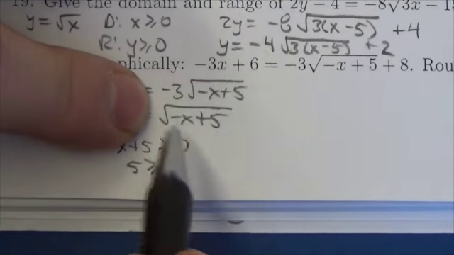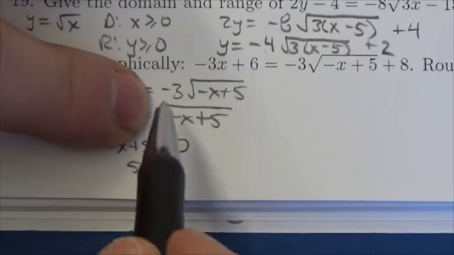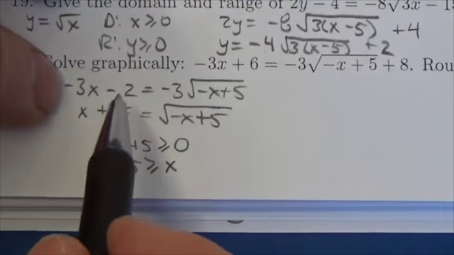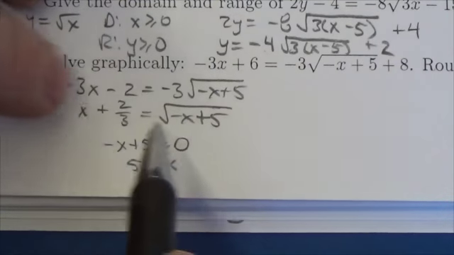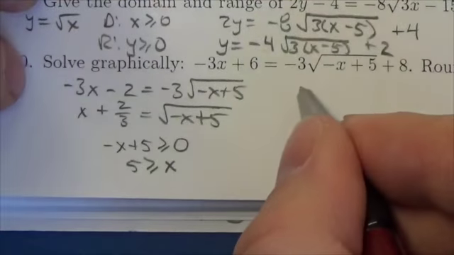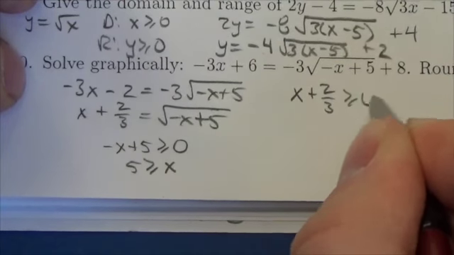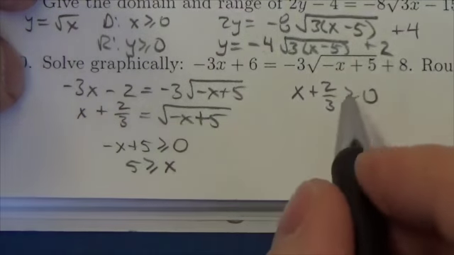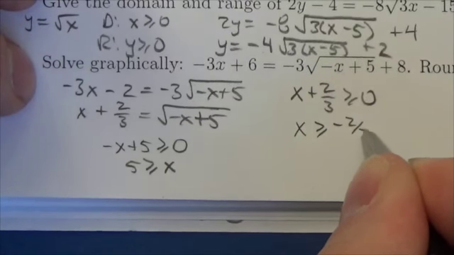So granted, I can only take the square root of a positive or a 0, but the result is always going to be positive or 0 as well, meaning that if the right-hand side has got to be either 0 or positive, so does the left. So the restriction here is also that x plus 2/3 must be greater than or equal to 0. So bring that over and I will get that x must be greater than or equal to negative 2/3.